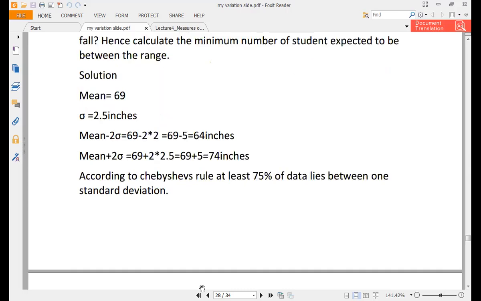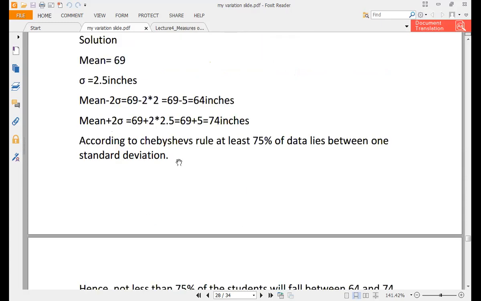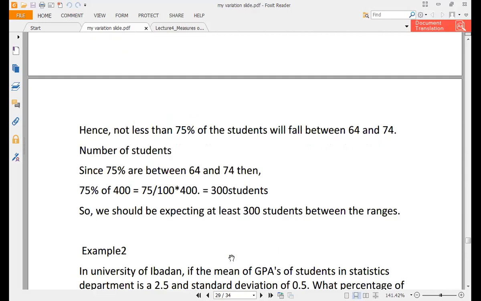In that case, they're actually telling me how many students are going to fall between this range, 64 and 74, which I've calculated. And this will be very easy to solve, since at least 75% of them must lie between these two standard deviations. Then I should just find 75% of the number of students.